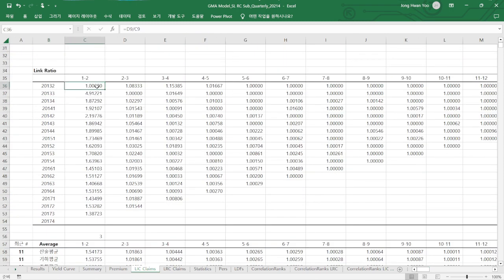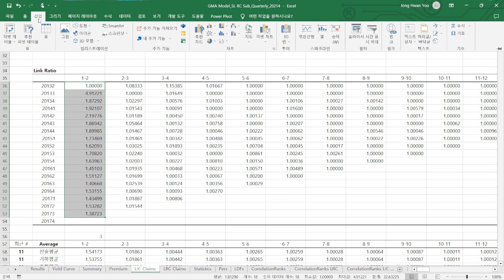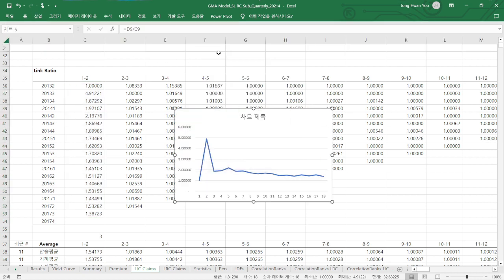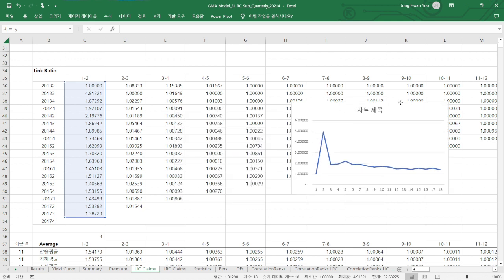And if I simply draw this, whenever it occurs, this shows the first quarter development pattern. If you look at the pattern itself, it's the same development period, right?